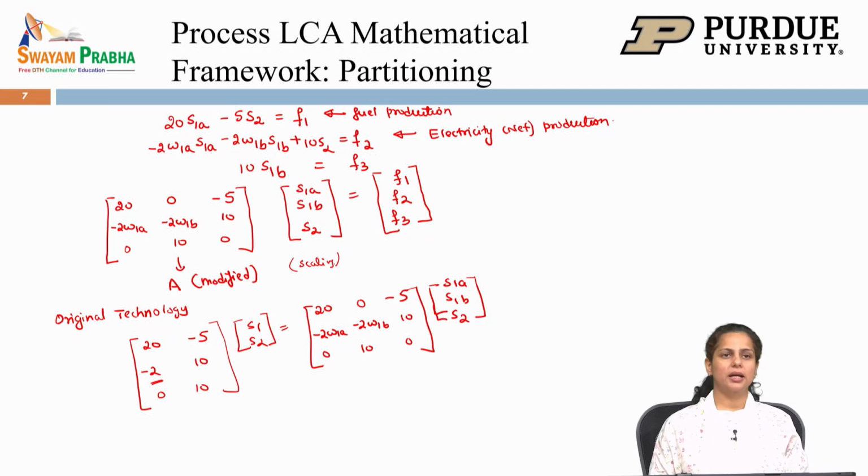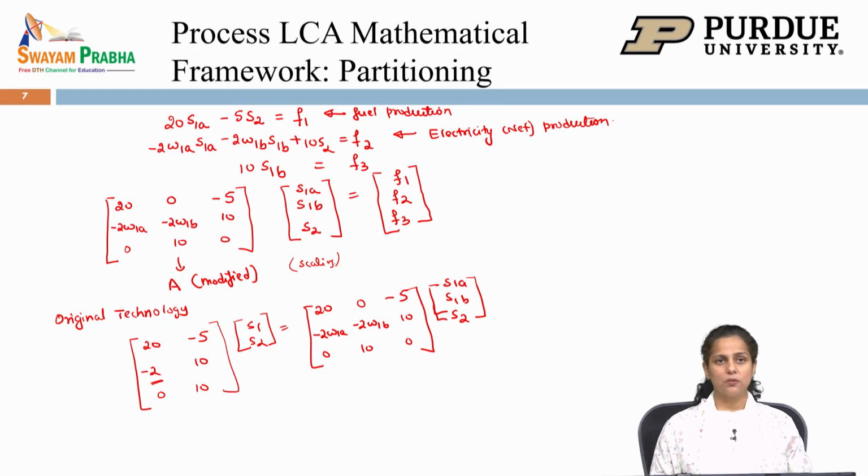Whenever you are looking at these systems, wherever you have multiple co-products, you would be partitioning that particular process into 2 processes or maybe 3 processes depending on how many co-products those have, and then writing the specific balance for each of the byproduct and the main product for that particular matrix.